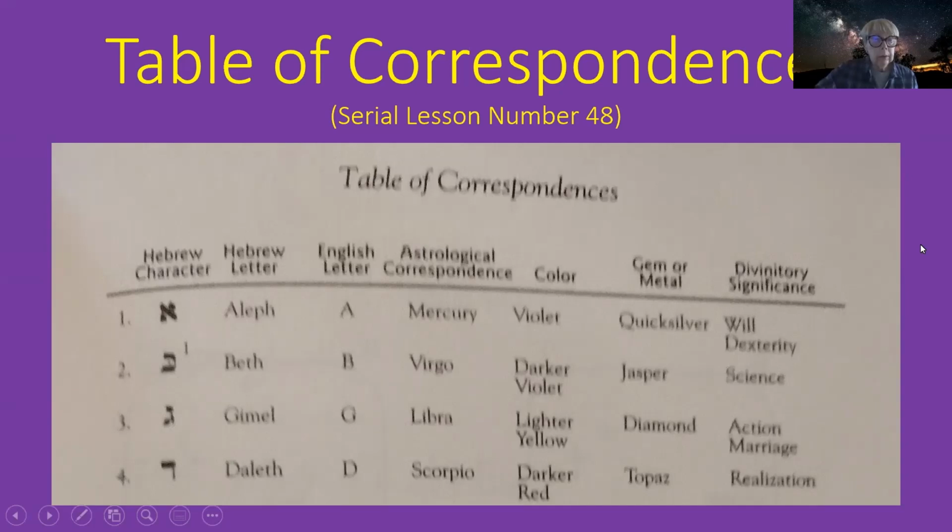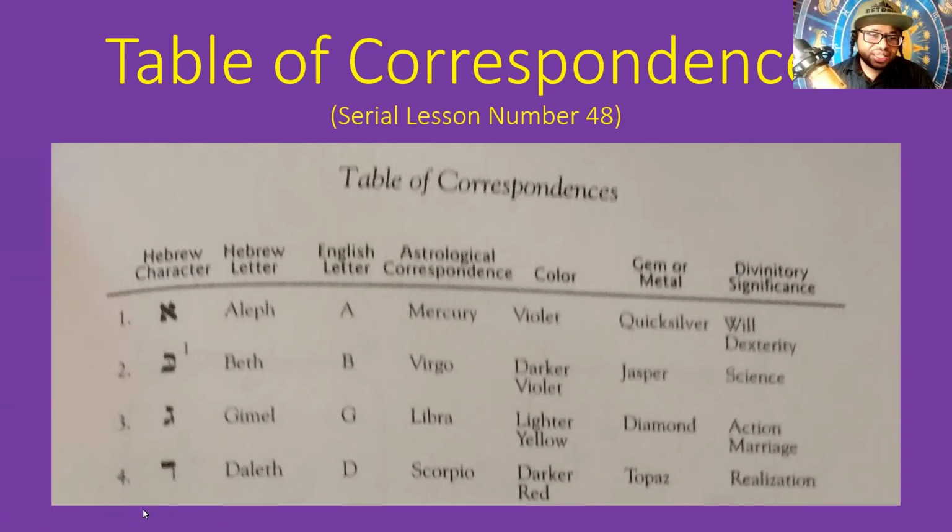Okay, as you see, the Hebrew character is this section right here. All of this section right here, those are the Hebrew characters. The Hebrew letter is the name for that particular character.